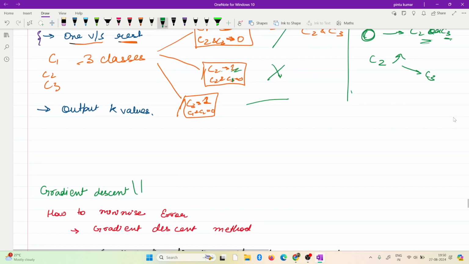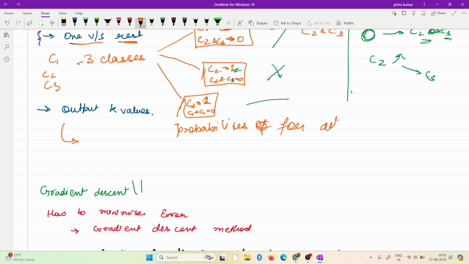So this was one method. Another method, which is more common today, is that you output k values. You output probabilities for all k classes.